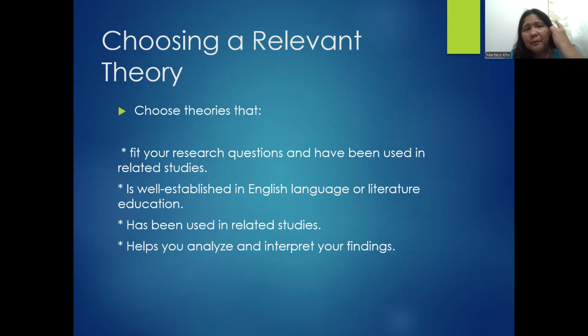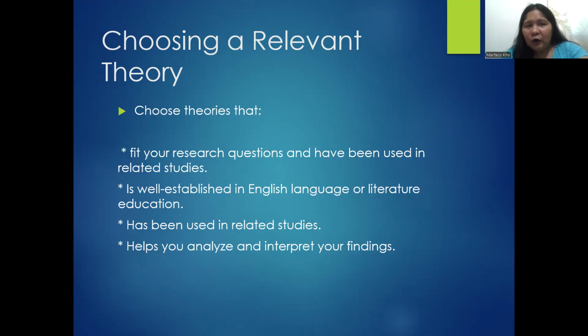So always remember this when choosing a relevant theory, class. When selecting a theory, always think of it as the backbone of your research. It must be relevant, credible, and useful in explaining what you are studying. So for English majors like you, what are the common theories?